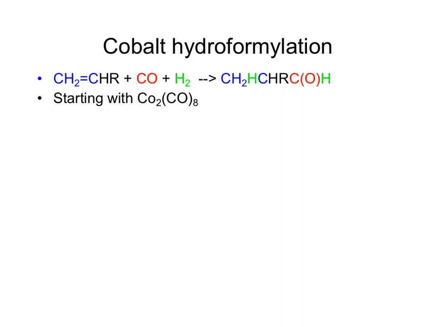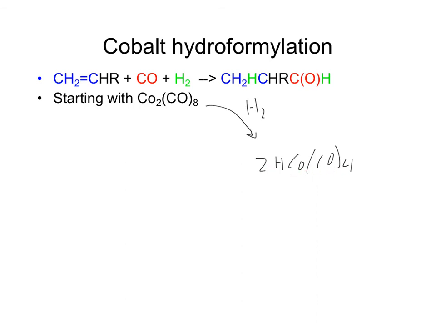The first step of the reaction is actually breaking apart this dicobalt octacarbonyl into a monomer, doing an oxidative addition that looks different from the ones we've seen before. So oxidative addition, if we take one dicobalt and one dihydrogen, we can form this new species, which the net change in oxidation state is +2. We've gone from cobalt 0 to 2 cobalt +1s.